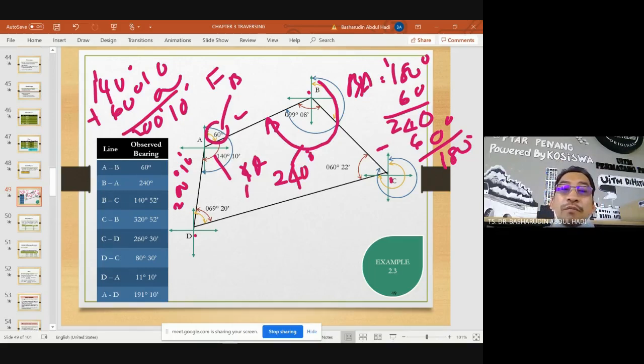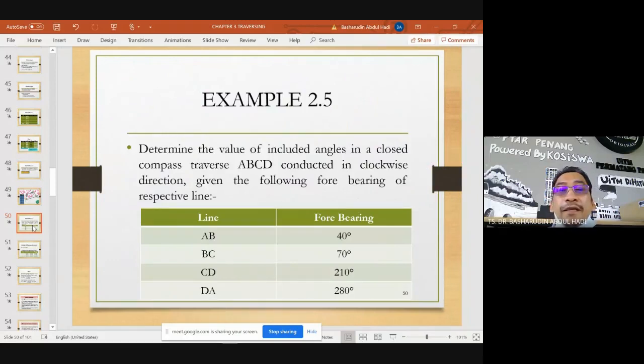Okay, this one is the back bearing. 60 degrees is the forward bearing. I think you can know this one, the relationship, right? Okay, so we go to the next slide.